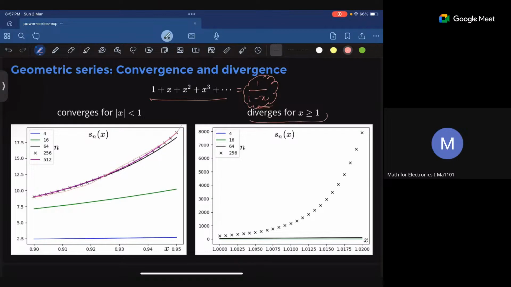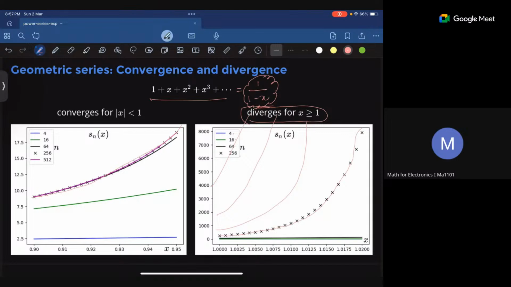If x is greater than 1, what happens is you can see here. Slowly, when n is equal to 4, n is equal to 16, n is equal to 64, n is equal to 256, you can see that this will blow up like this. And if you further increase, if it is 512 or something, it will go like this. If it is 1024, or if you increase terms, it will go like this.